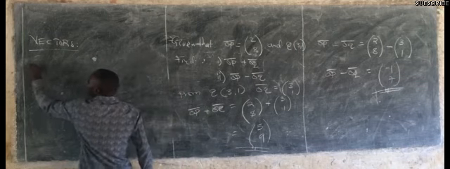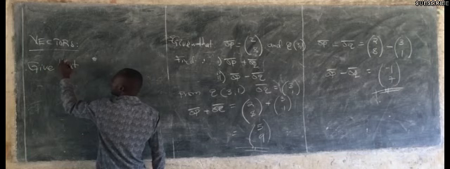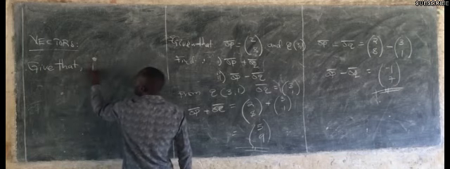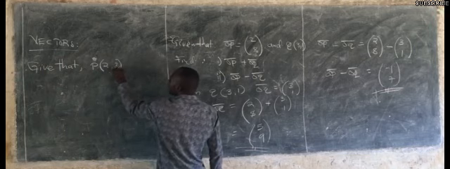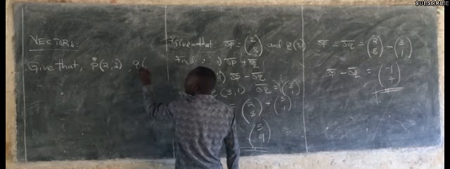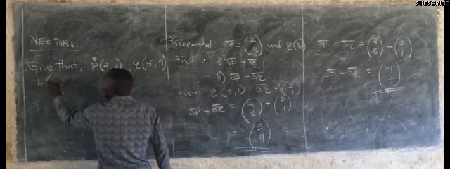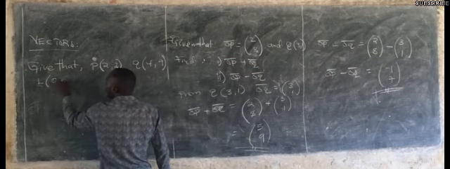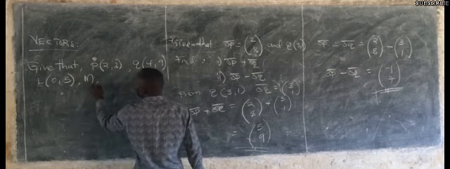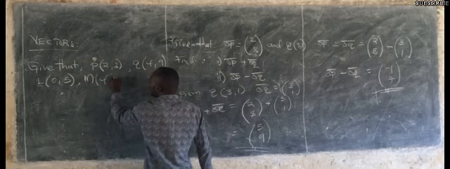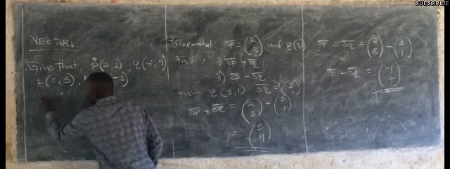So we can say, given that P is (2, 3), Q is (4, 9), R is (0, 5), M is (4, -2).